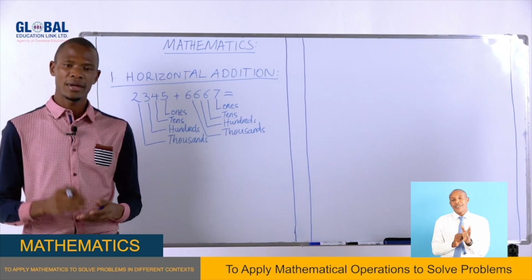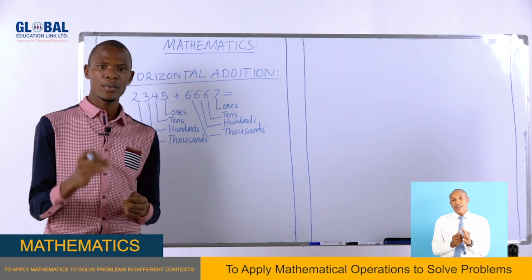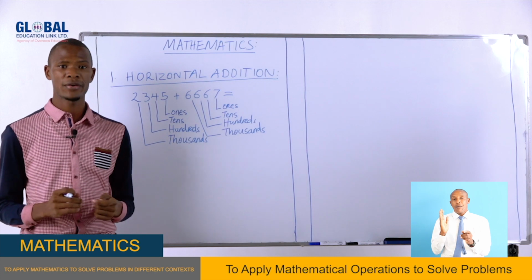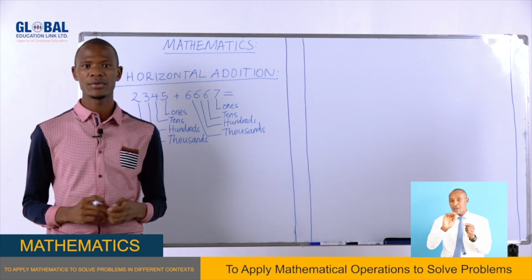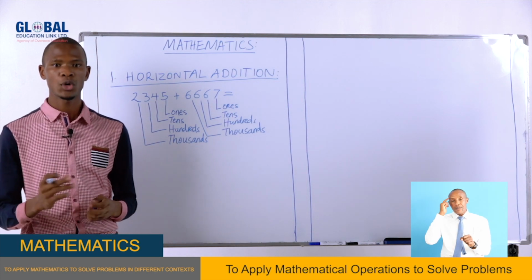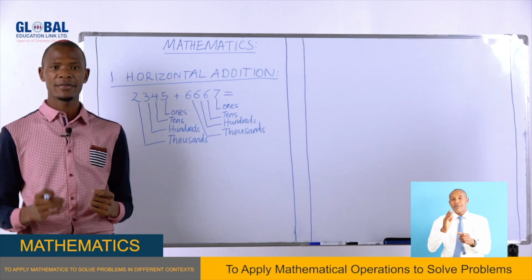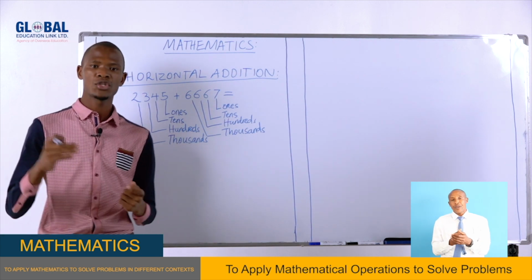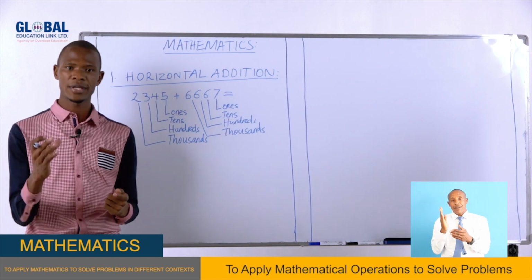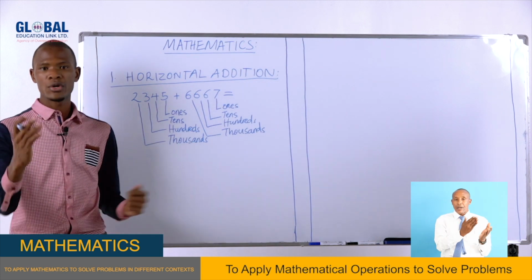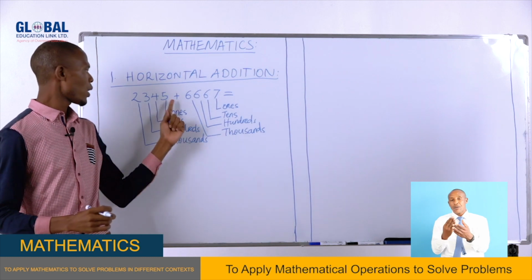Dear pupils, as I've said earlier, when we are adding numbers horizontally, we need to consider the place values. So every place value will correspond to the same place value. For example, ones will go together with ones.